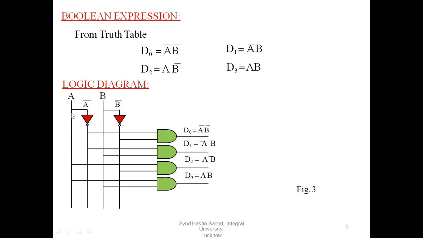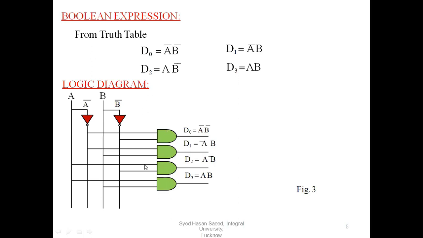Here, how many inputs do we have? Two inputs, A and B, along with their complements A bar and B bar. From these inputs we construct the logic diagram.